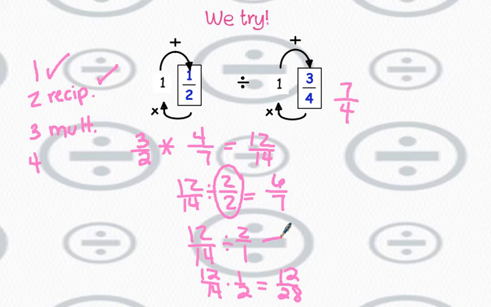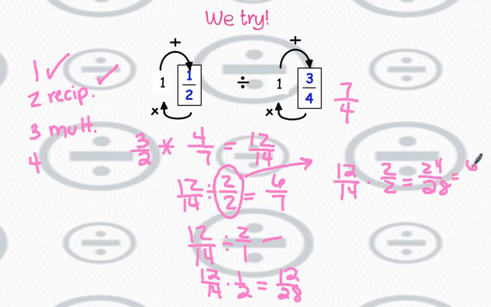Whereas here, this would be 12/14 times still 2/2, which would be 24/28, which would still simplify to 6/7. So again, this does make a huge difference when you write it down incorrectly.